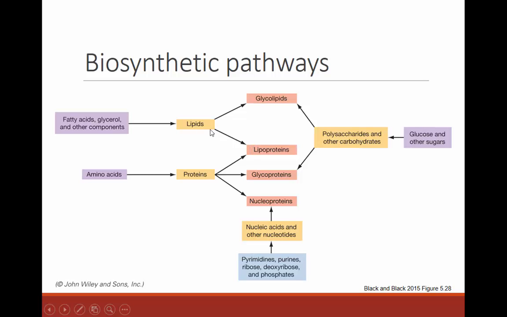Some lipids might join with proteins to form lipoproteins. So you've all heard these terms, okay? Same with this, amino acids, they're joined together to form different types of proteins. They can join with lipids or glucose or form nuclear proteins.